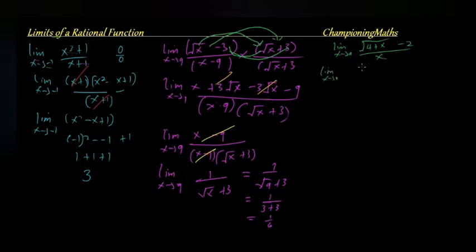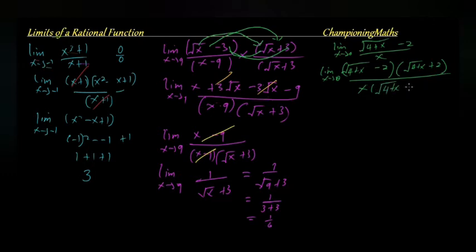So the limit as x approaches 0 of square root of 4 plus x minus 2. Now multiply with its conjugate, that is square root of 4 plus x plus 2 all over x. Now whatever you do for the top, you must do for the bottom as well. And so we'll be having x multiplied in the brackets, square root of 4 plus x plus 2.